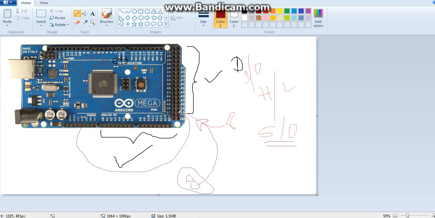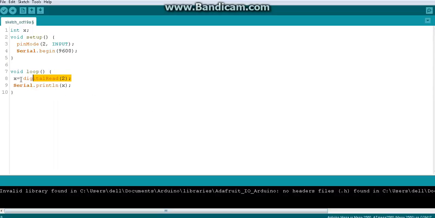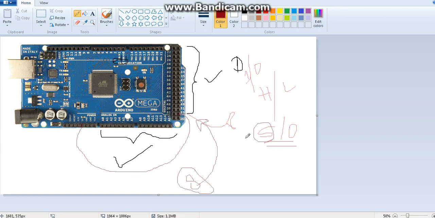That means pin number 53 is now at 5 voltage. So if you read the pin number 53 state using this digital input scenario code, this will print high or 1, right? This value, because digital input will not print voltage values.